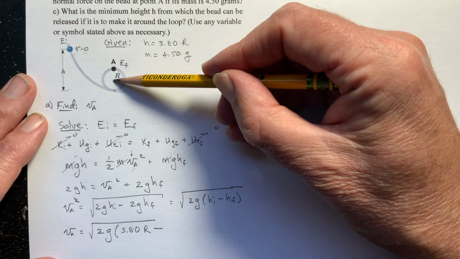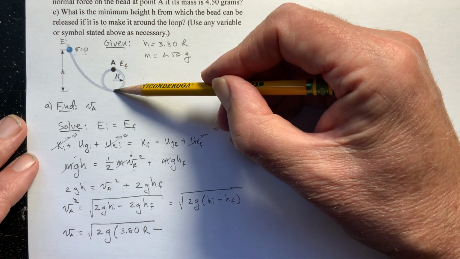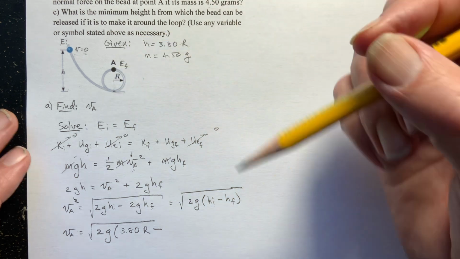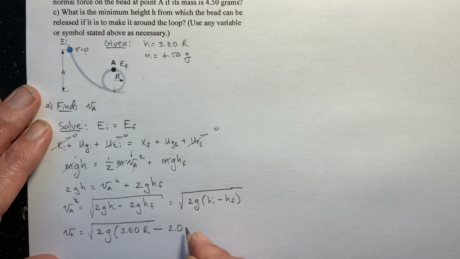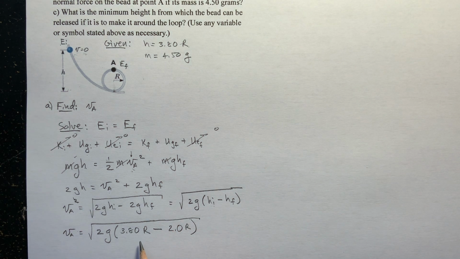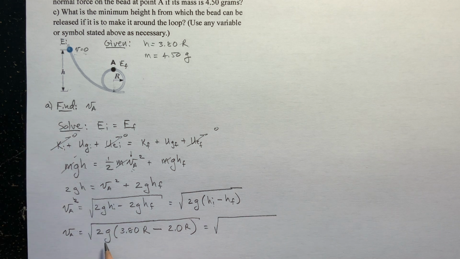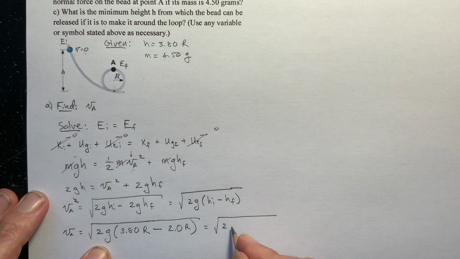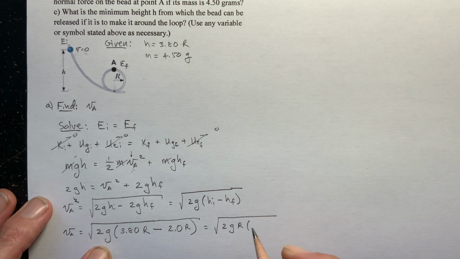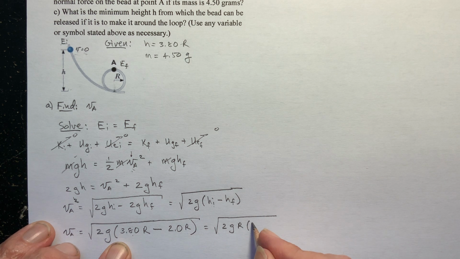You see that it's one radius plus another radius. They didn't tell us directly, but you can figure it out. It's twice the radius. Now I can pull out an r. So this is going to be 2gr, and what's left in here is 3.8 minus 2.0, which is 1.8.